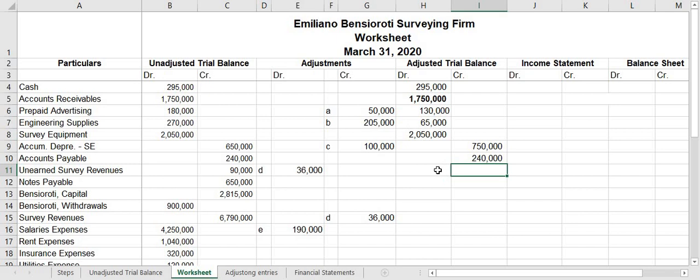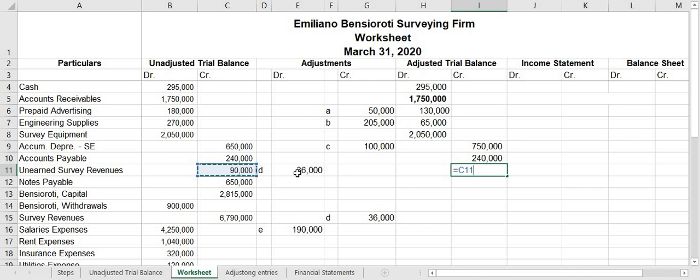For unearned survey revenue naman, okay, may unadjusted amount na 90,000. Since meron siyang debit adjustment, okay, it indicates deduction.